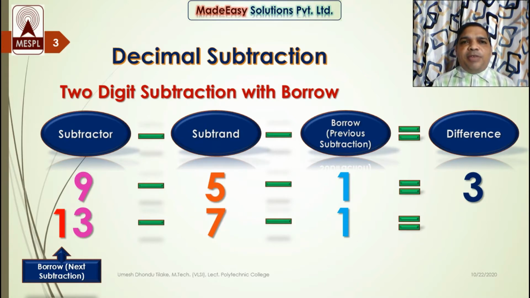If I am performing subtraction on a digit placed at the tens position, I will have to take a borrow from a digit placed at the 100 position, and that's why the value of borrow is always 10 here in the decimal number system, because the base of the decimal number system is 10, and the digit placed at the next significant place is always 10 times larger than the digit placed at the least significant position.